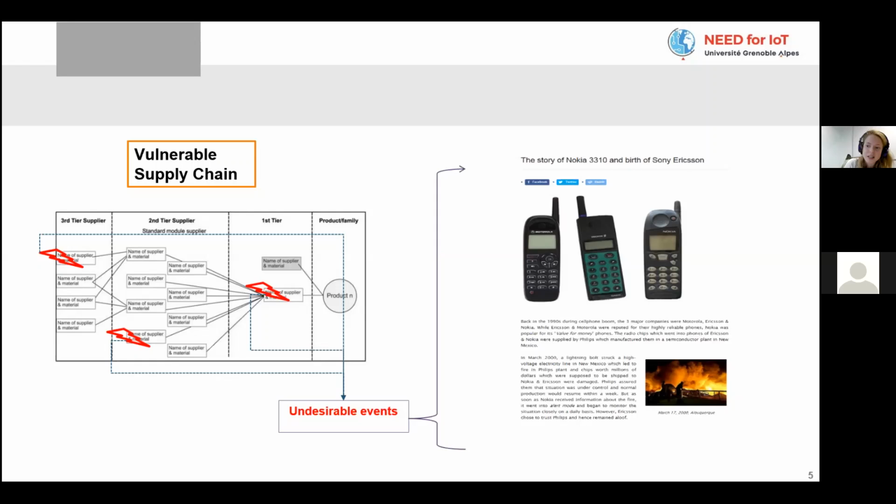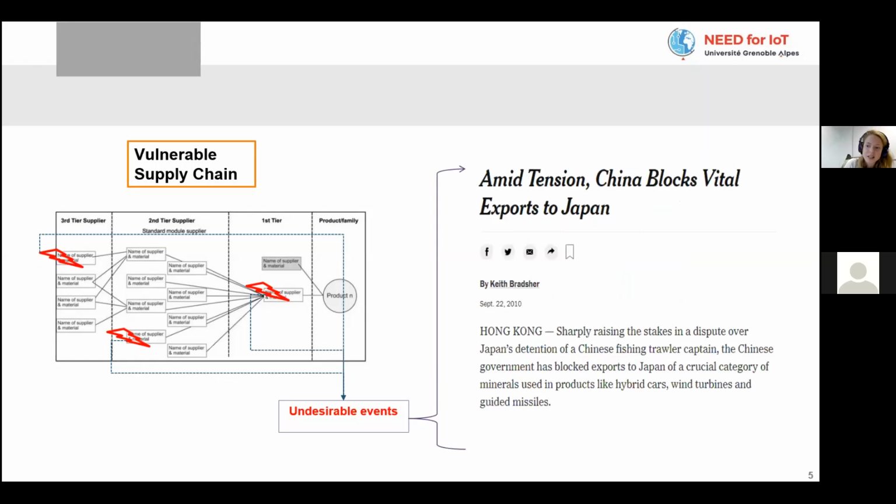The second event that I want to talk about, which is a really important event, is not about fire or earthquake, but it's a geopolitical undesirable event. We had a geopolitical problem between Japan and China. To put pressure on Japan, China made some restrictions on their export of metals.